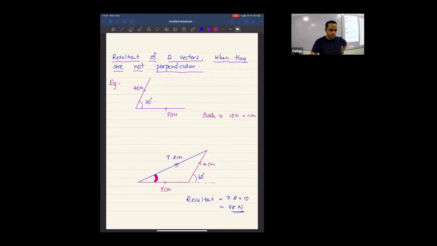That's the direction of the resultant with the 50 newton force. Is that clear? Any questions, anyone? No. All okay? So we'll do another couple of examples.